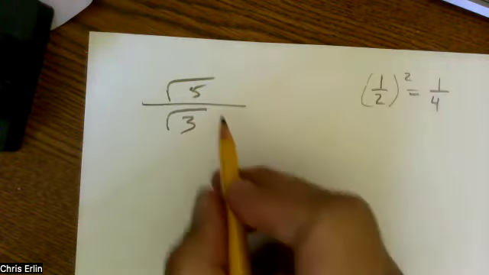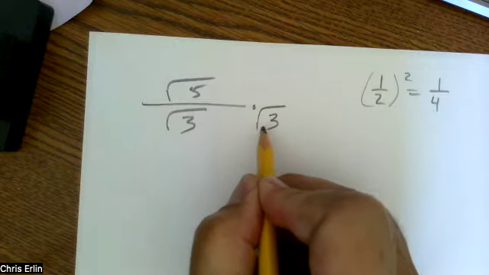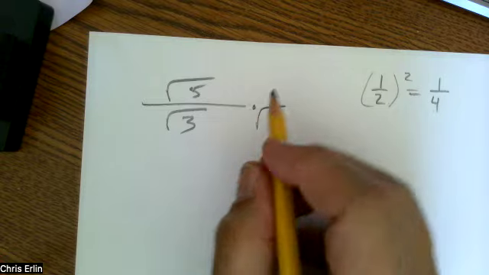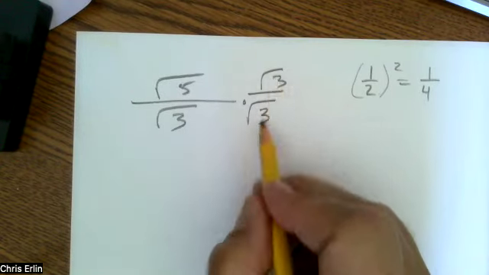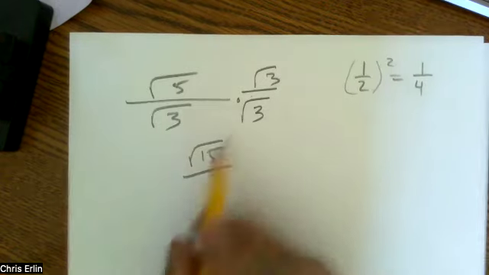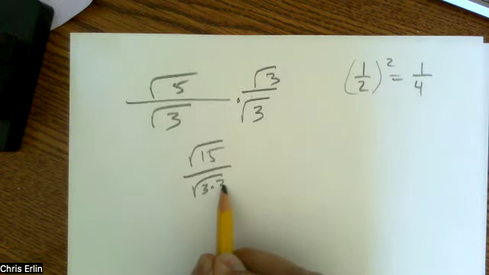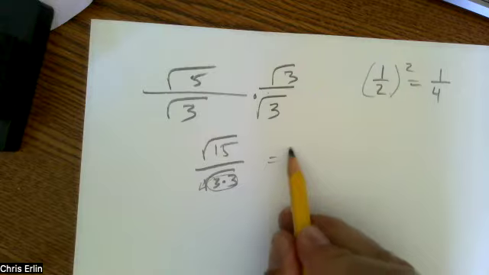Instead, what I'm going to do is multiply by something to get rid of this denominator, which is going to be square root of 3. But I'm not allowed to just multiply it by a number randomly. Instead, I have to multiply it by a version of giant 1, something over itself. In this case, that would give me root 15. And down on the bottom, I've got 3 times 3. Well, if I've got 3 times 3, then 3's meet up and they come outside as just a regular 3.